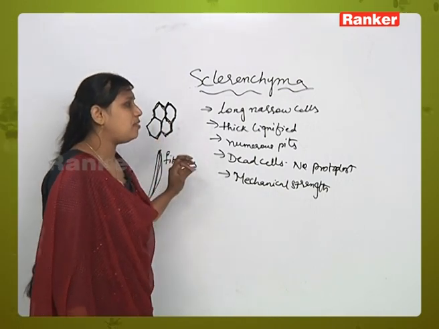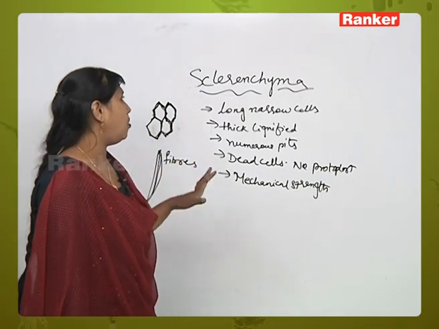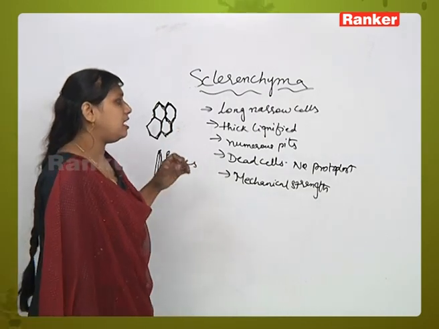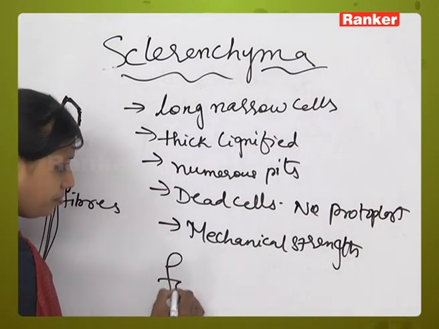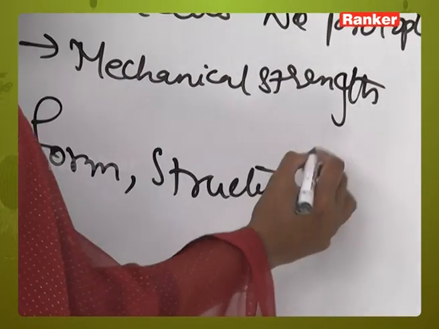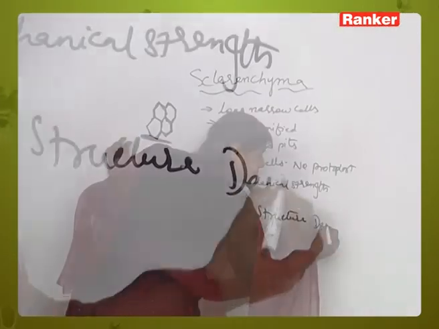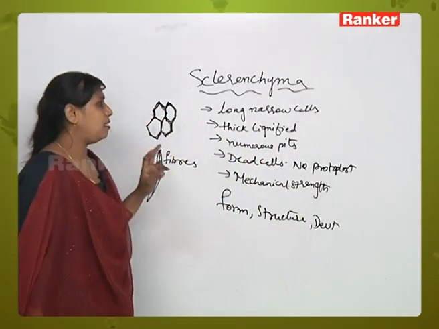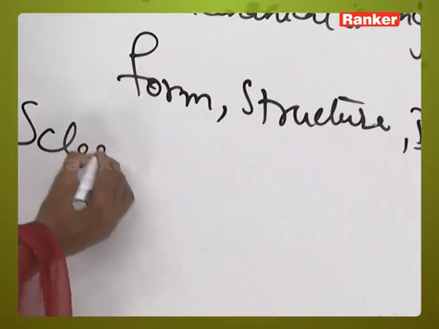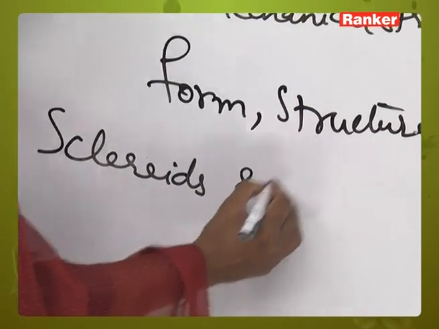Now, on the basis of variation in form, structure and development, sclerenchyma can be studied under two categories. Those are sclerites and fibers.